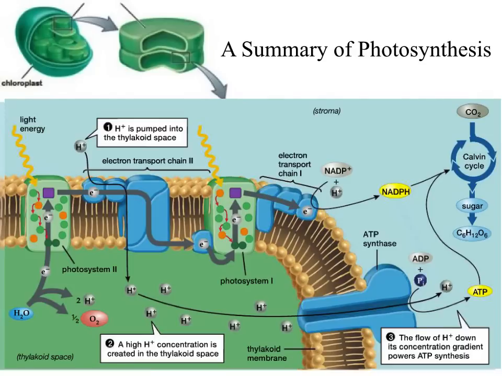What is the function of electron transport chain 1? It makes NADPH through the binding of NADP plus, hydrogen, and that electron, all together making NADPH. And it's NADPH and ATP that are two very important reactants for the Calvin cycle.